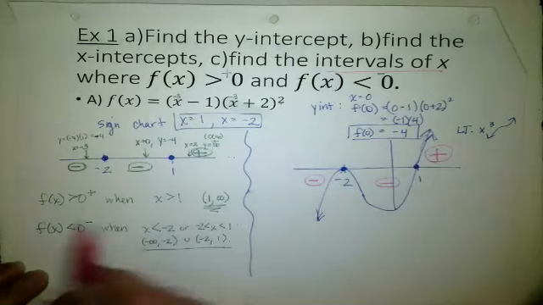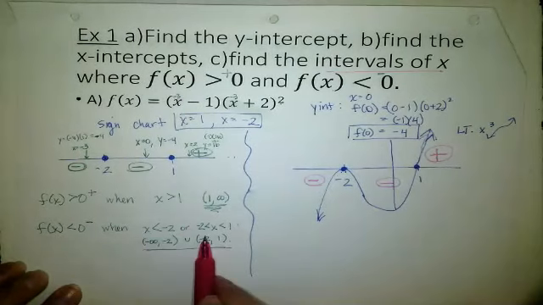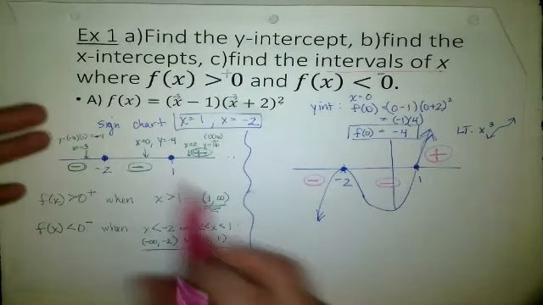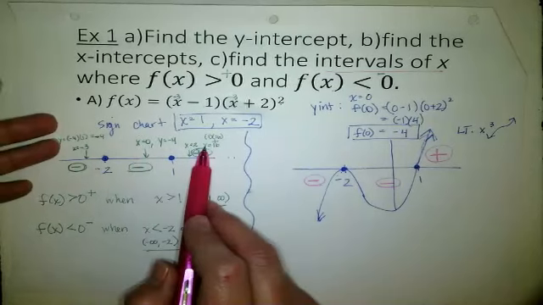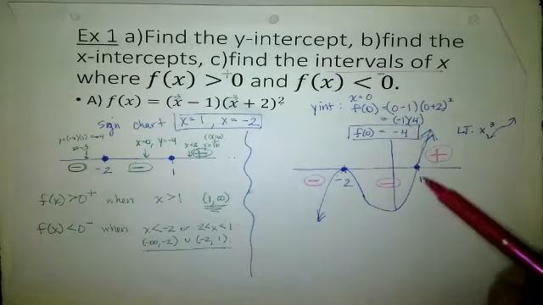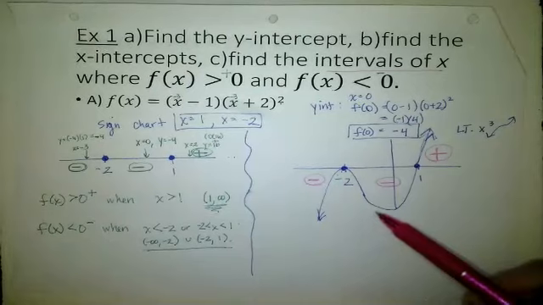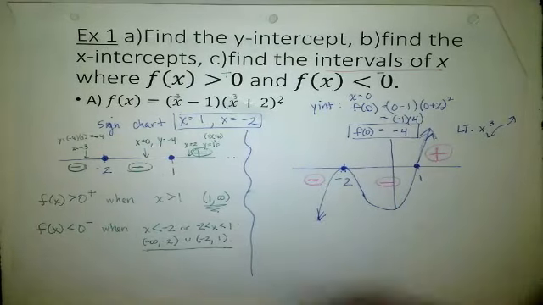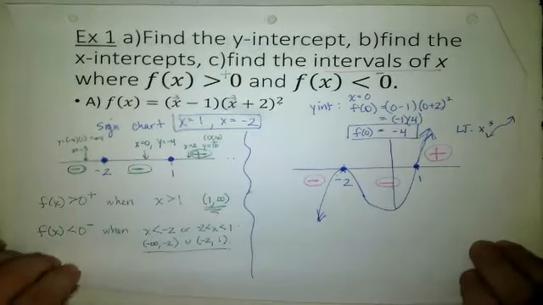And again, we get the same answers as we do here. So you can do it either way. You can use a sign chart and just plug in numbers, or we can graph it. And for me, I really like this, but either way. I'm just going to do it graphically.